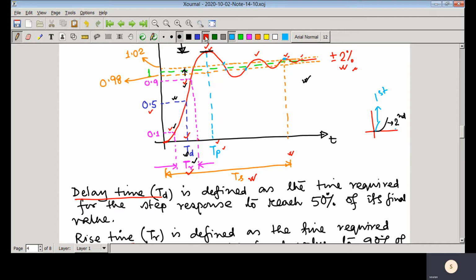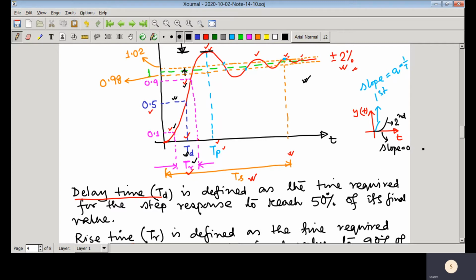In case of second order system, at t equal to 0, the slope is 0. But in case of first order system, the slope is the inverse of the time constant. That thing we have seen. In case of first order system, the slope is a, or 1 by T, where T is the time constant. And in case of second order system, the slope is 0. So this is very important. Later on we will again discuss why it is so important.